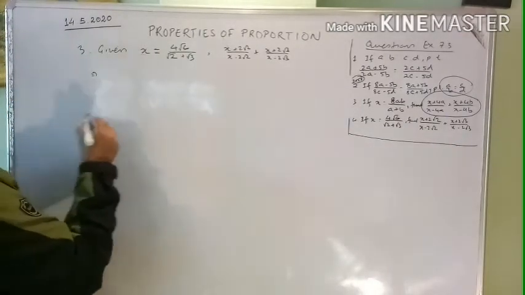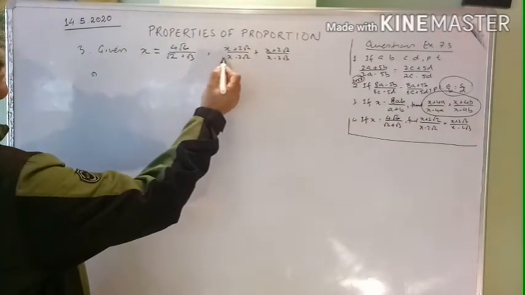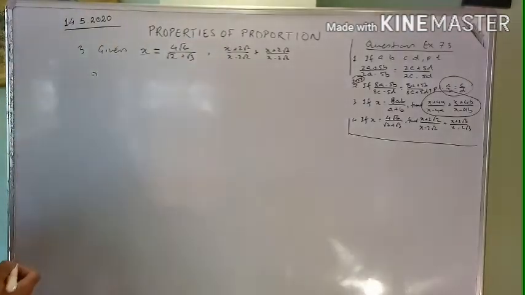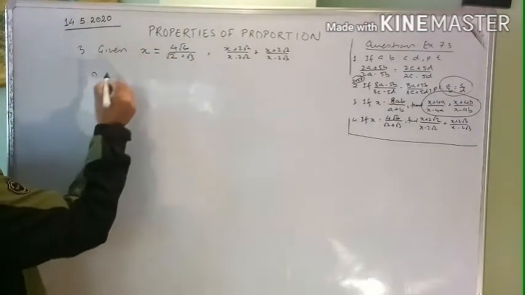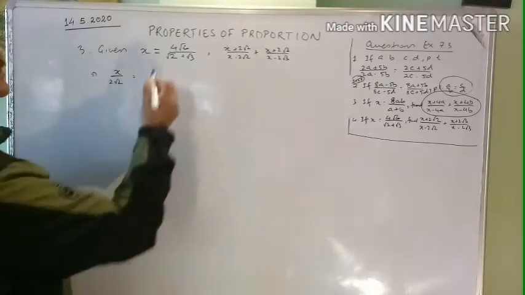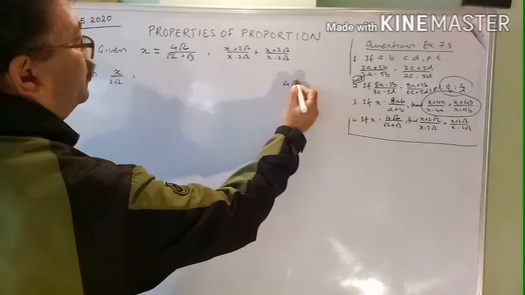Now same way here. To get x plus 2 root 2, x minus 2 root 2, we have to have x by 2 root 2 and we can use componendo and dividendo. So from here, we have x by 2 root 2. So what is left here? See, 4 root 6 is there.